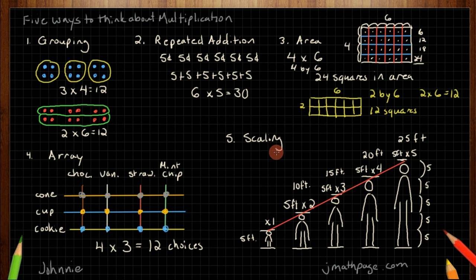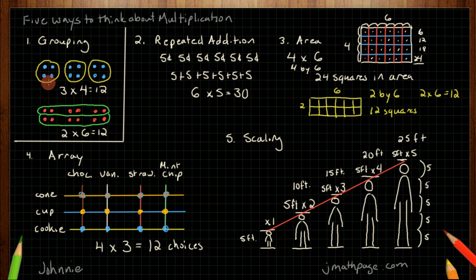So, let's look at something together now. I've talked about 5 ways to think about multiplication. The first way was about grouping. And this way was about organizing objects so you could see them in patterns of groups. Now sometimes you may have a set of things that you think make one particular kind of group, but then again they could make another kind of group.